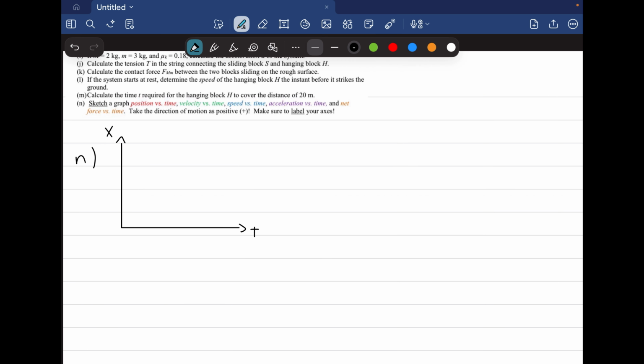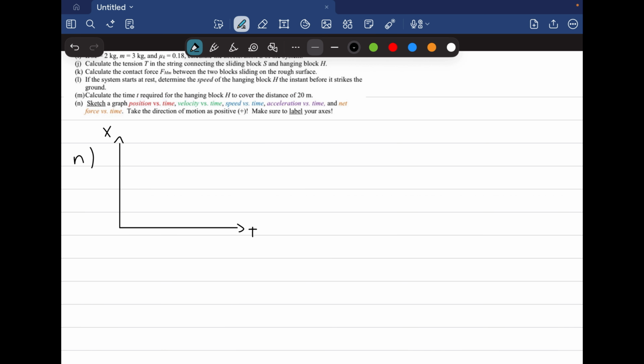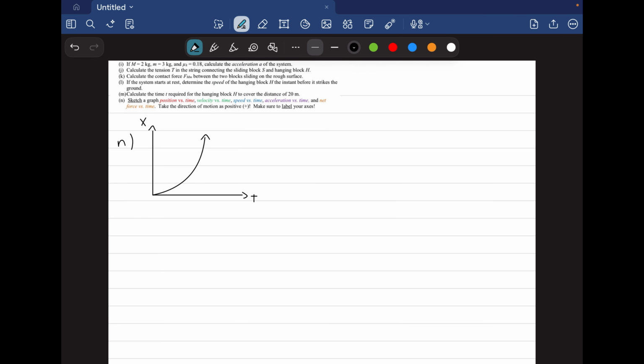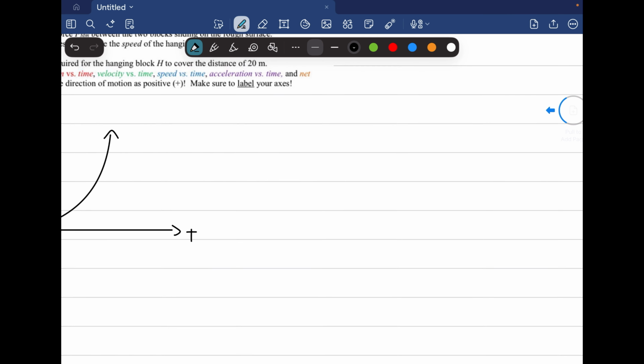So your a is 2.57. So your velocity is increasing over time, right? So that means your distance is like quadrupling whatever your acceleration is. So your position time graph is a parabola, right? So starting from 0, it should be increasing exponentially, right? Something like that.